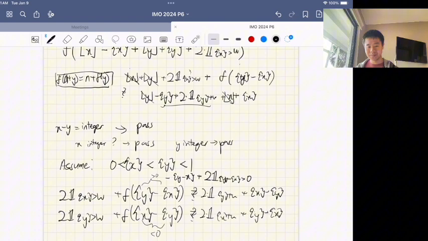Now this one is slightly trickier because x is less than y, right? So the floor function is actually -1, and then minus x minus y plus 1 actually. So you actually have -2 here.